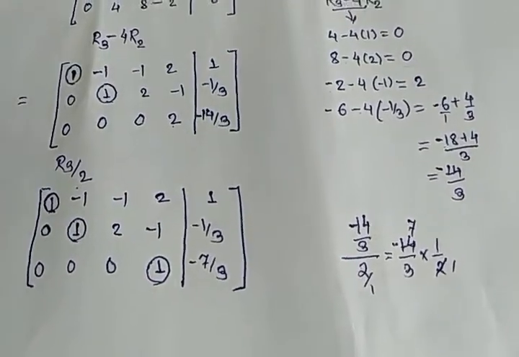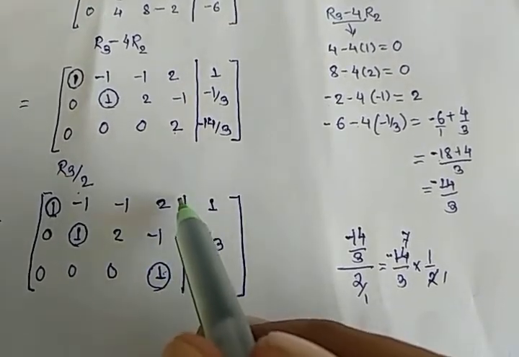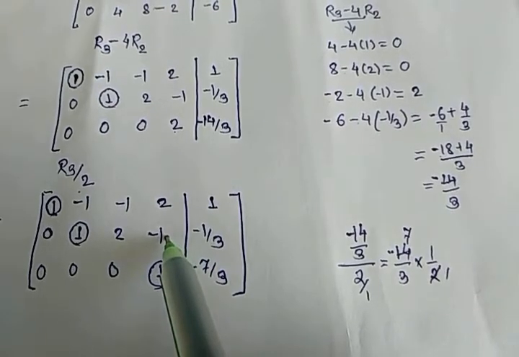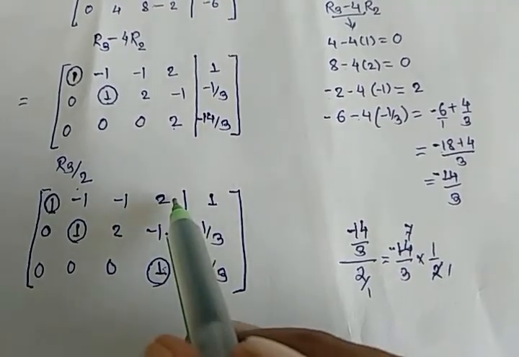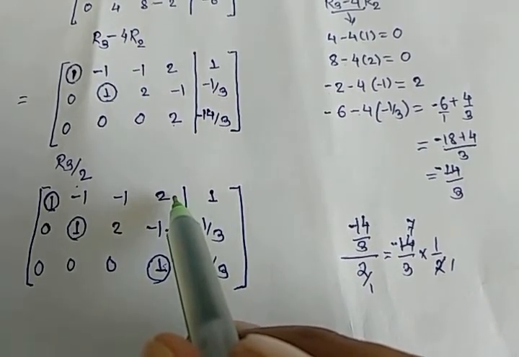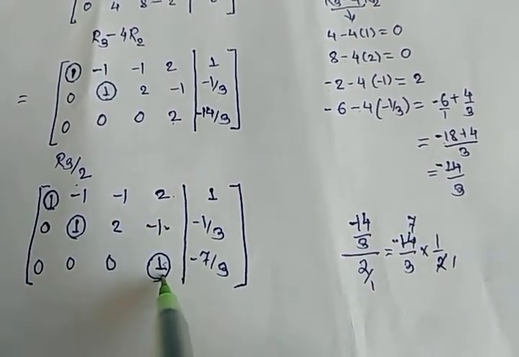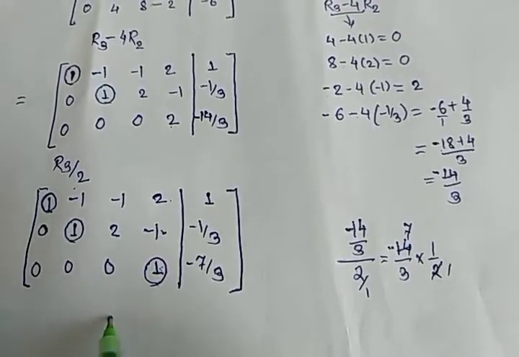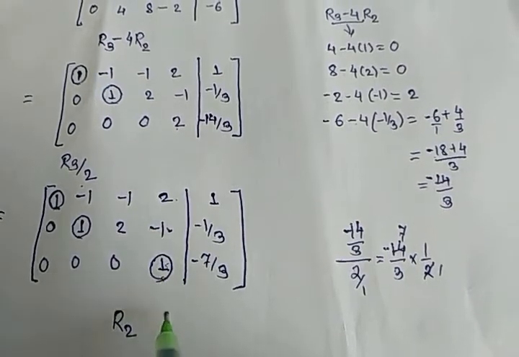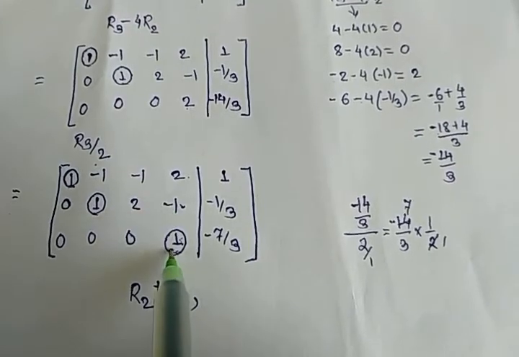To make reduced row echelon form, we have to make the entries above each leading one also 0. So here, to make the A24 position 0 and the A14 position 0, we take row operations with the third row. For the second row, both are minus 1 and plus 1, so the row operation will be R2 plus R3, so that minus 1 plus 1 will be 0.